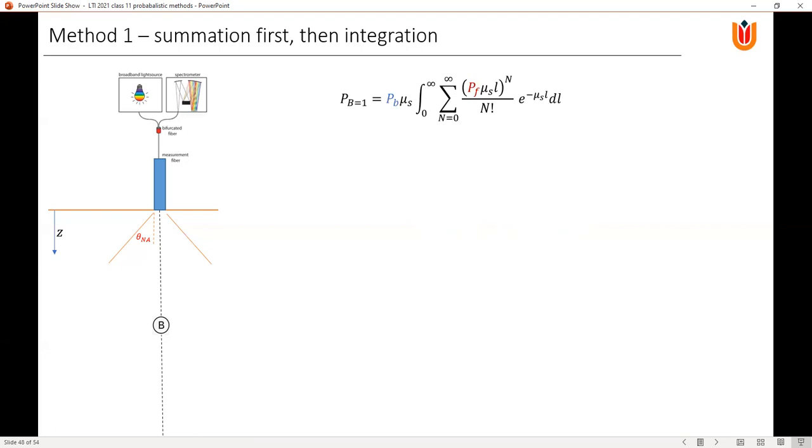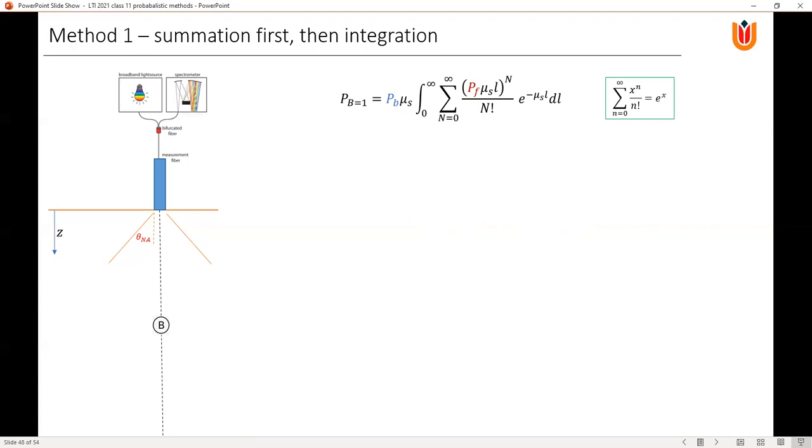So this was the expression. I'm taking the backscatter probability out of the integral, since it's a constant. I'm not sure if you recognize it, but this is a standard sum, see it in the box there.